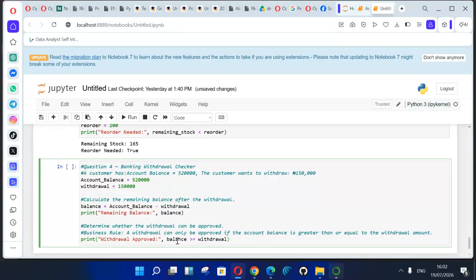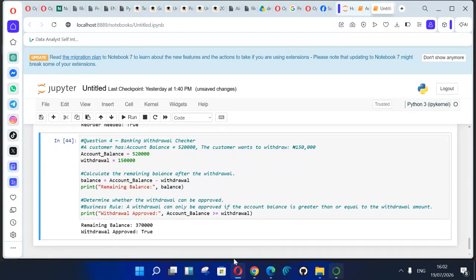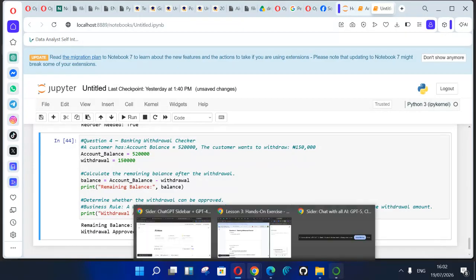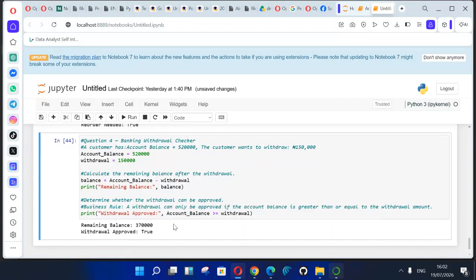Okay, I think here should be account balance instead. Yeah, normal. You can only withdraw if your account balance is greater than your withdrawal. So after withdrawing, you will now have your balance. Nice, true. Let's move to the next.